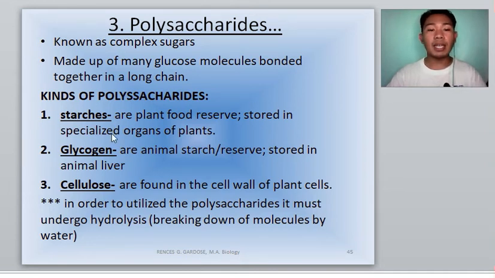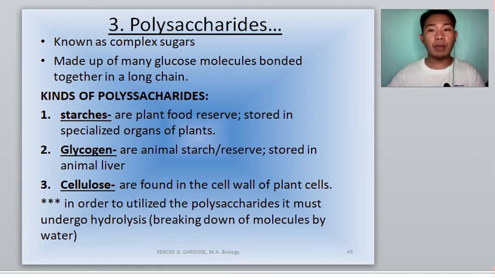We have starches, glycogen, and cellulose. Starches are plant food reserves and usually stored in the specialized organs of plants. Mostly, of course, in the leaves. And for root crops, of course, they are present in the roots of the plant.